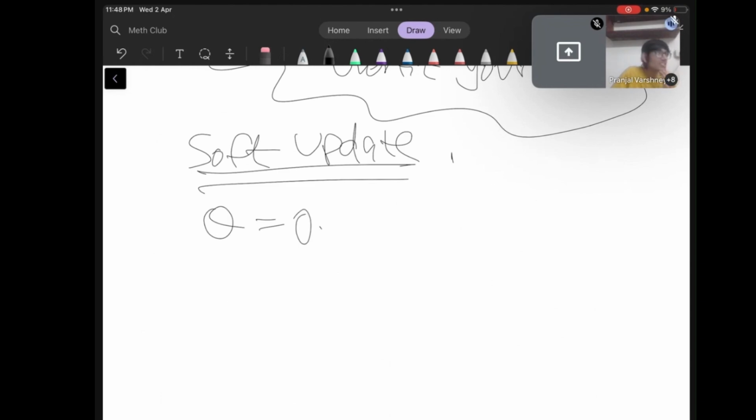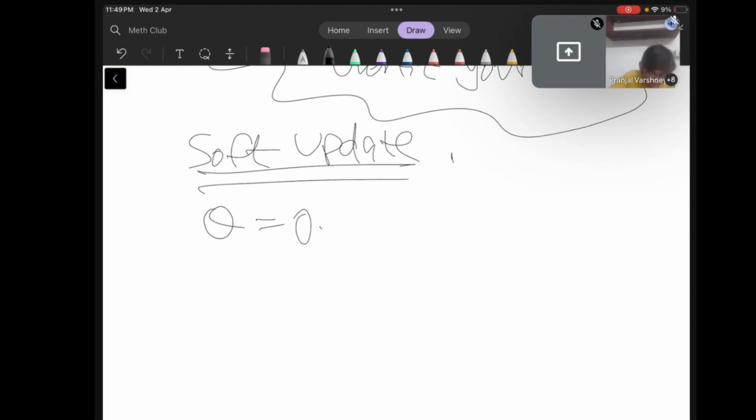A good question is how much of your previous Q you should put in your new Q. I think, even though I'm not sure, a better thing would be to first have a lesser amount of your old Q in your new Q, because we started with random initialization, right? So we want less information of our old Q to be there.